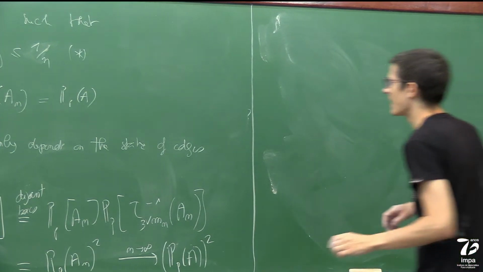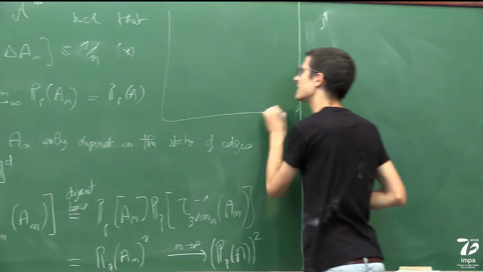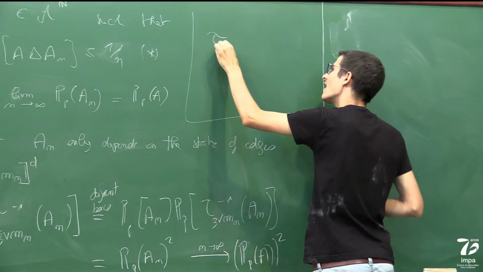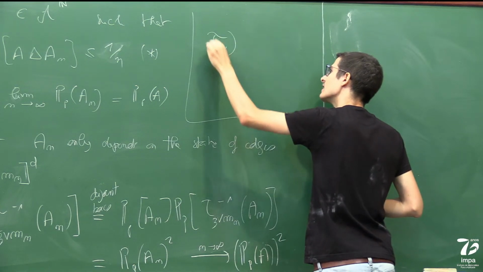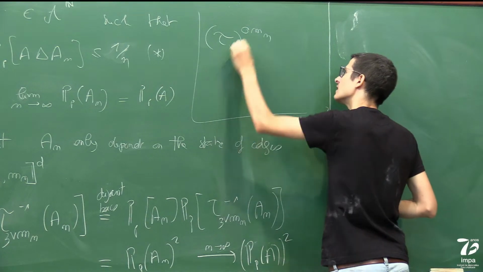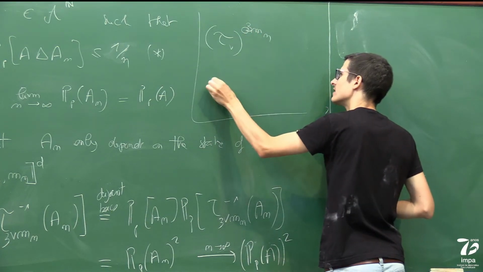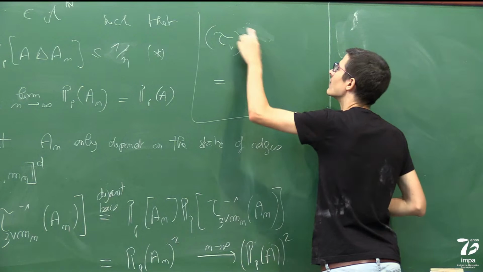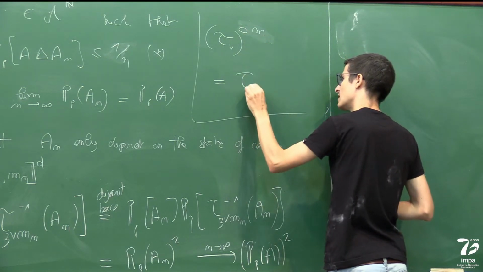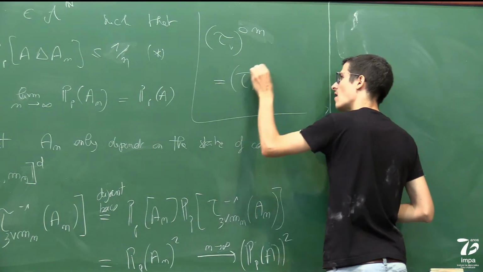Here what I've used is that tau V composed n times is equal to tau nV.